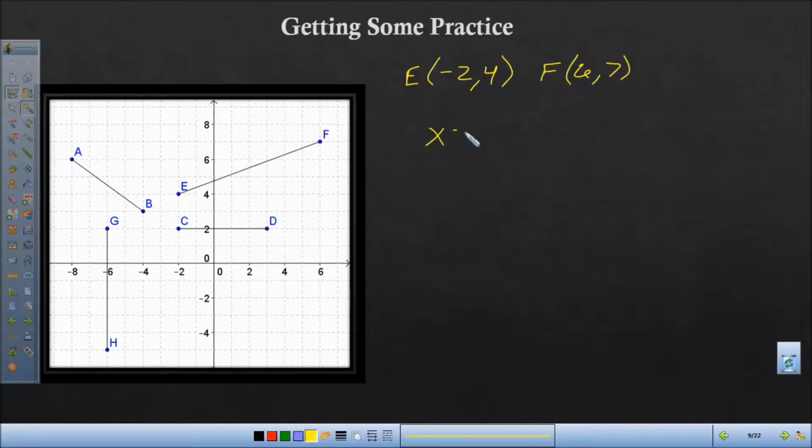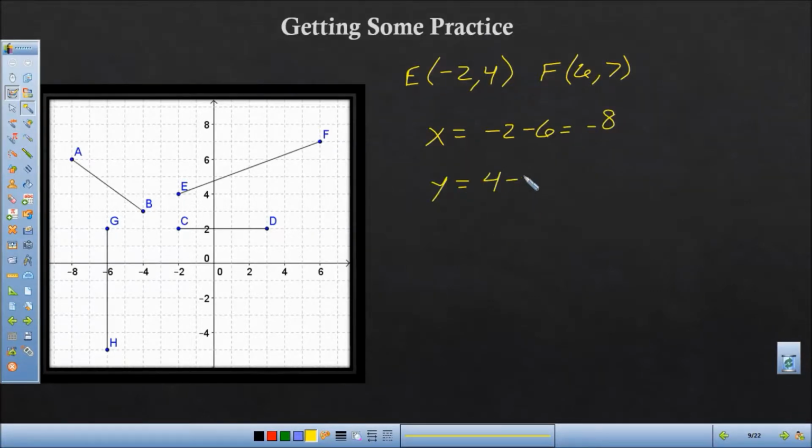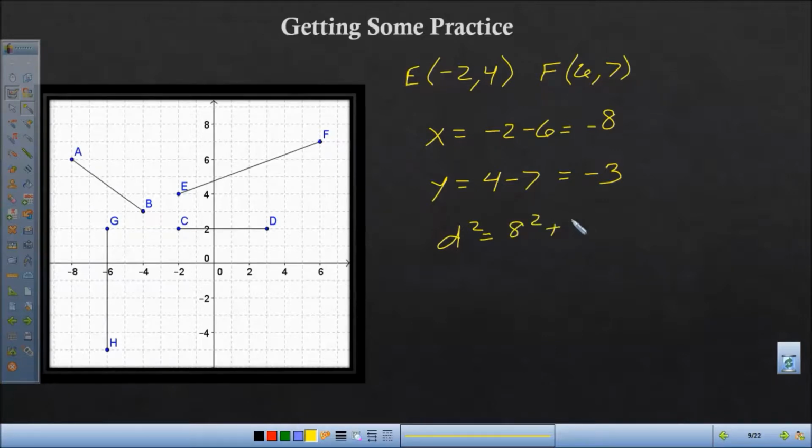Our X component then is negative 2 minus 6, which is negative 8. And our y component is 4 minus 7, which is negative 3. D squared then is equal to 8 squared plus 3 squared. That's 64 plus 9, which is 73 units.